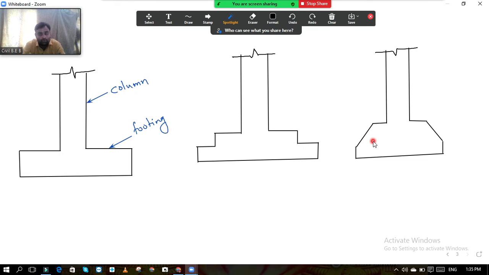If you don't spare any margin near your plot boundary, then sometimes the footing of a column may enter into the other person's plot. Are you getting my point? The construction is made in such a way that you have not left any margin to your plot boundary.